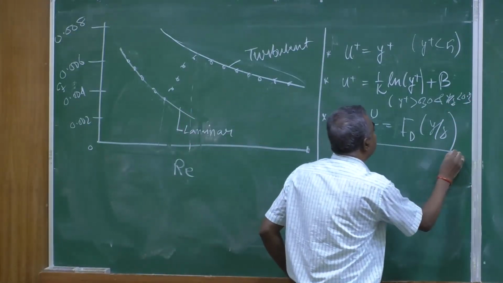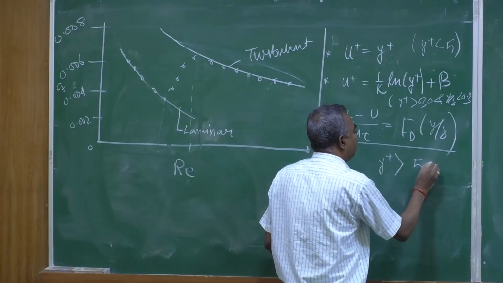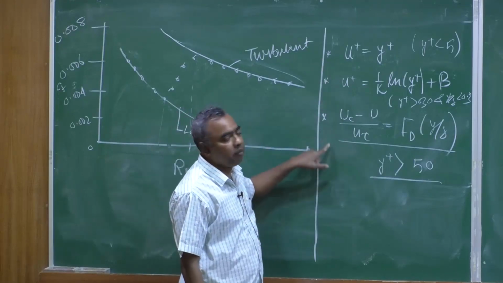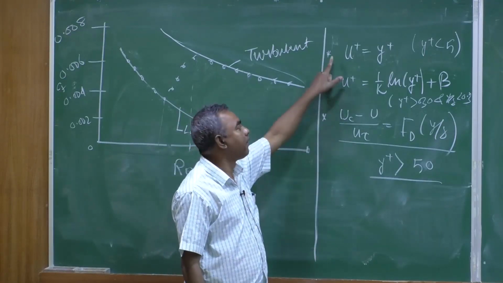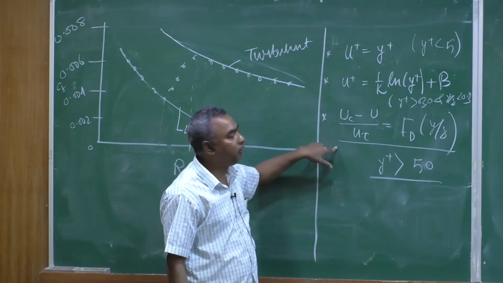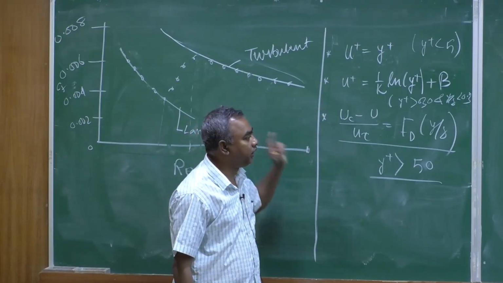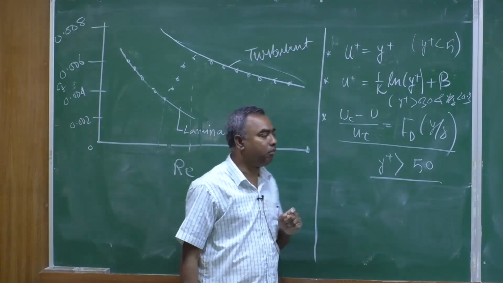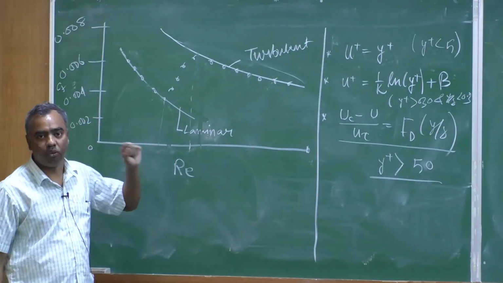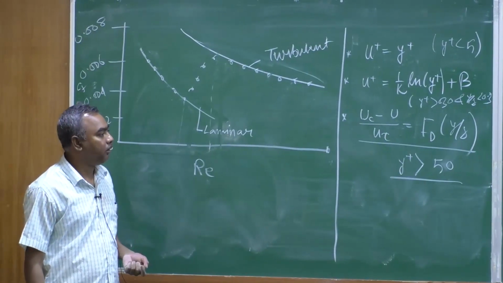And this is the outer layer, valid for y plus greater than 50. So the velocity profile in a channel flow is divided into various profiles, and three regimes can be noticed in this case. This is our turbulent channel flow, and the central issues were addressed through our momentum equations as well as proper arguments.